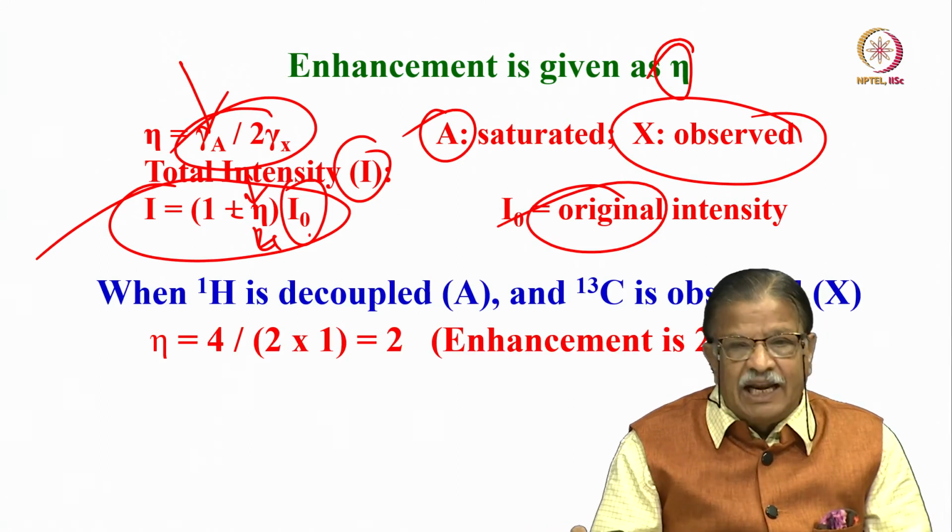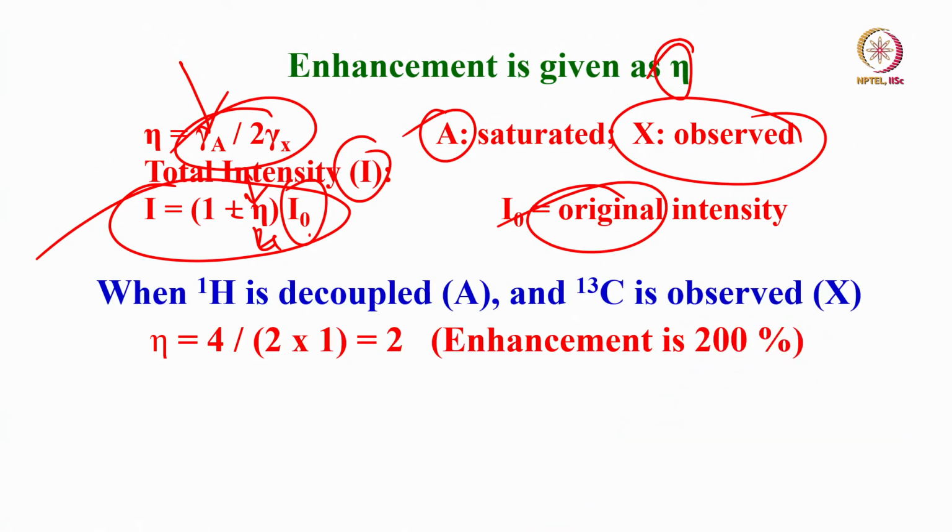Now, I will consider a situation. I am decoupling proton A and observing carbon 13. What does it mean? I am using gamma A over 2 times gamma X. Now, my observed nucleus is in the denominator, and this is what I am decoupling. So, what is eta? You know the gamma. The gamma of carbon 13 is 4 times less than that of the proton.